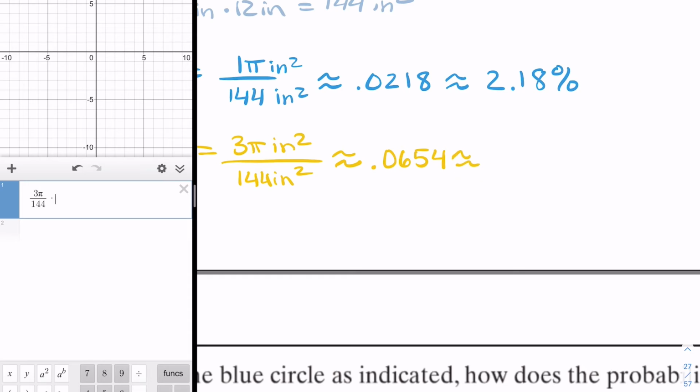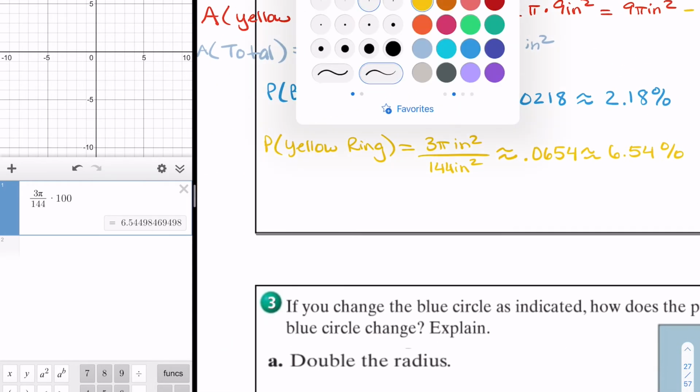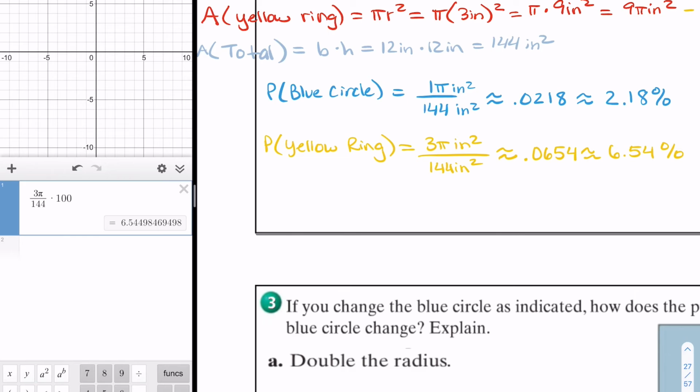All right, so we multiply this by 100, and we get about 6.54%. And the last one now is that red ring. The probability of the red ring is going to be, we got 5 pi, because we got 9 pi minus 3 minus 1.